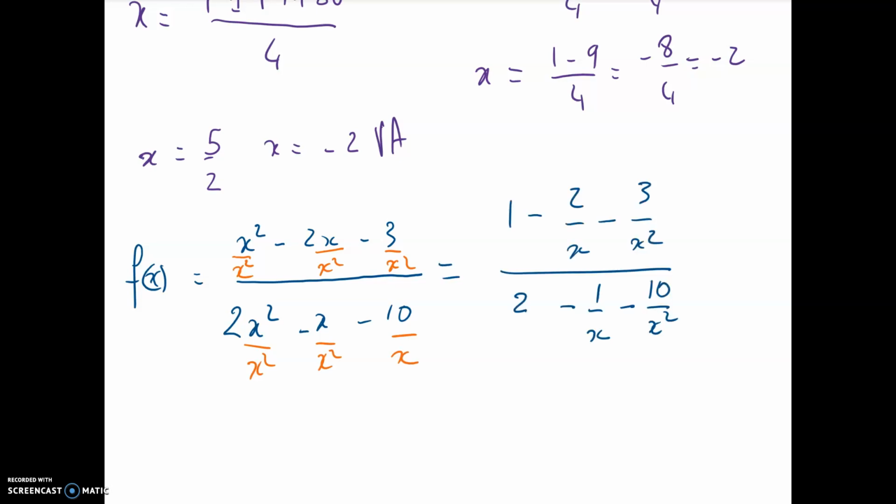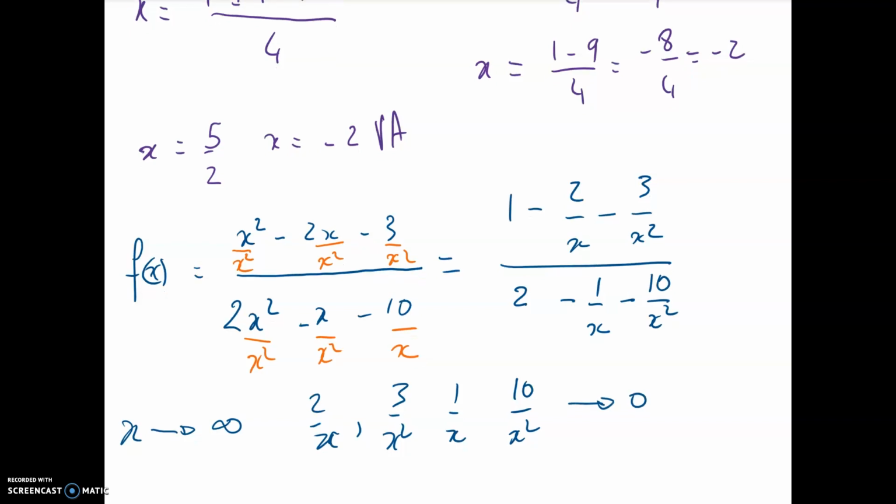And so I end up with 1 minus 2 over x minus 3 over x squared on the top, and 2 minus 1 over x minus 10 over x squared on the bottom. When I look at x going toward infinity, I can see clearly that 2 over x, 3 over x squared, 1 over x, and 10 over x squared will all approach 0.